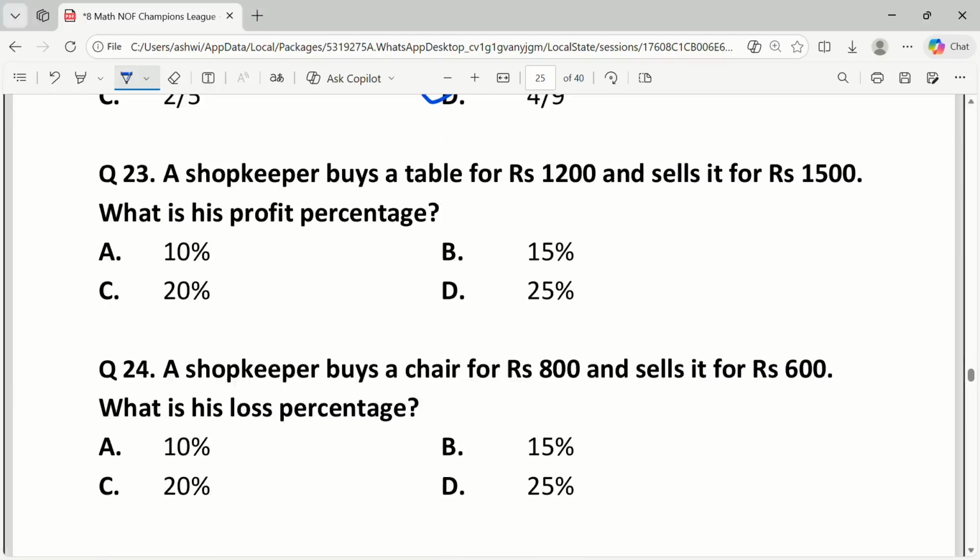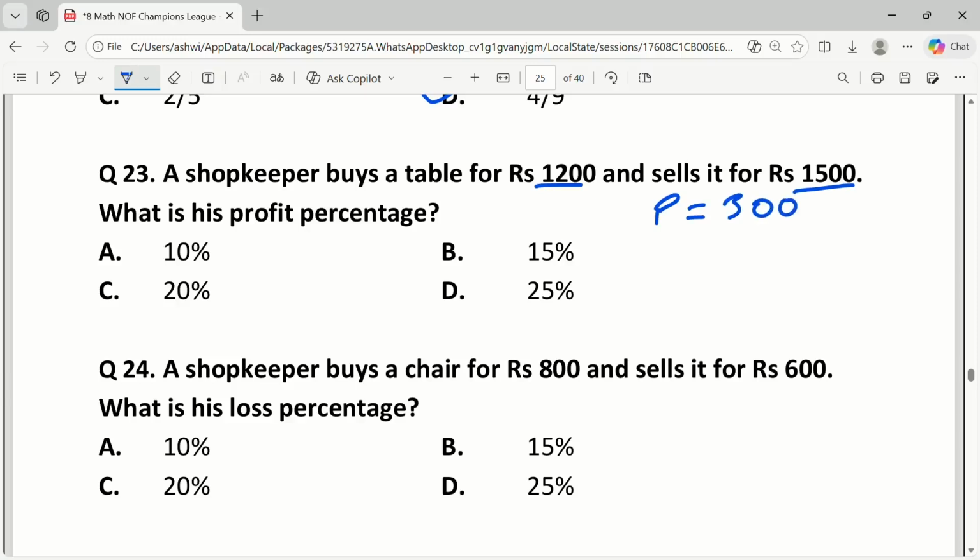A shopkeeper buys a table for rupees 1200 and sells it for 1500. What is its profit percentage? The profit is equal to selling price minus cost price, which is equal to 1500 minus 1200. So the profit is equal to 300.